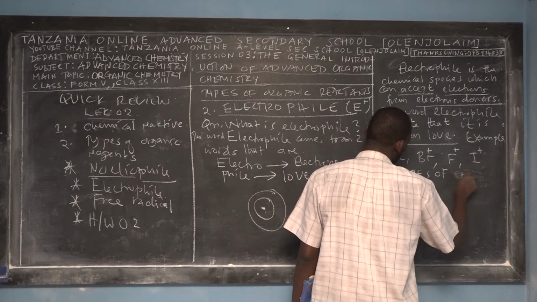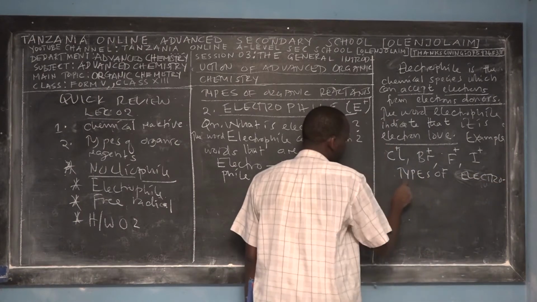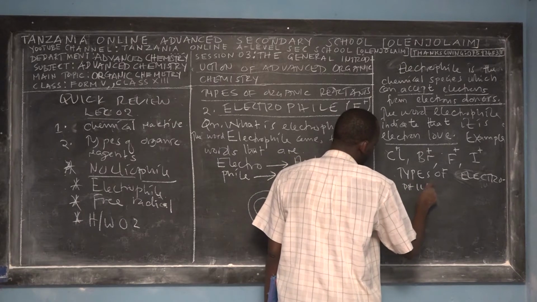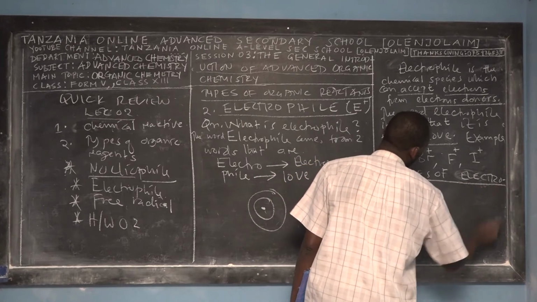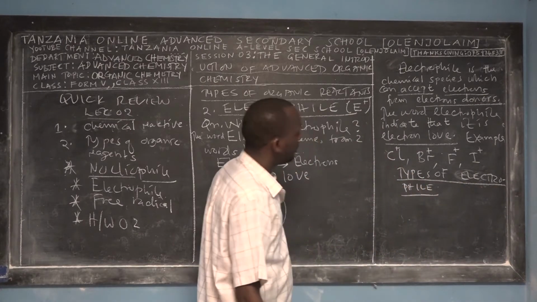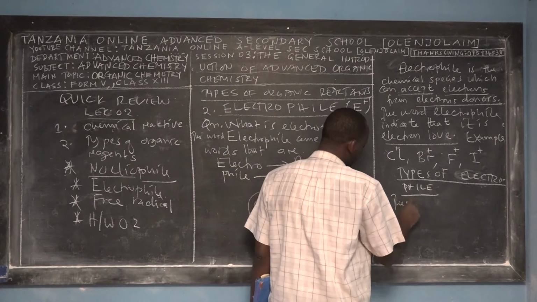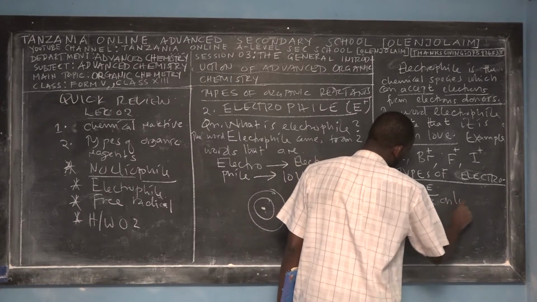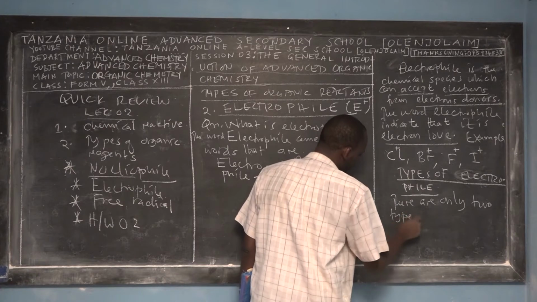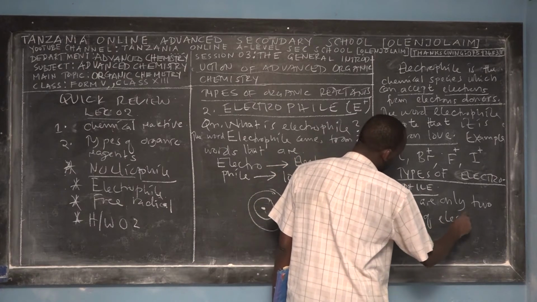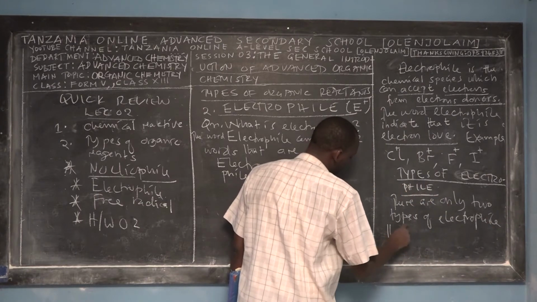Types of electrophiles. There are only two types of electrophile.